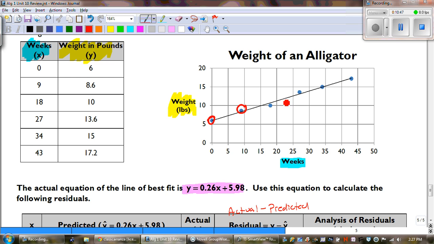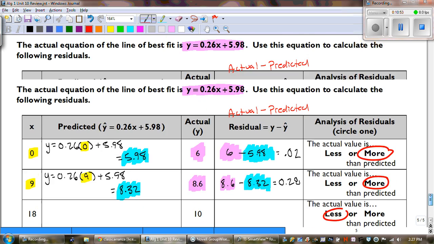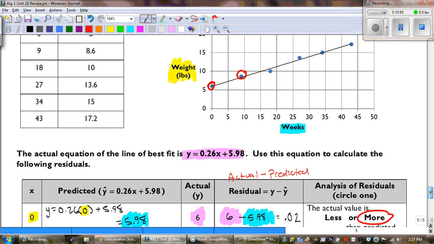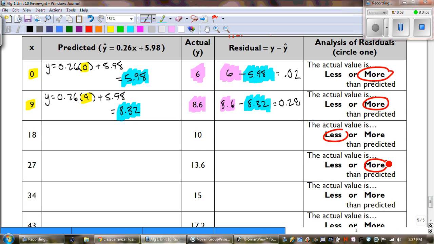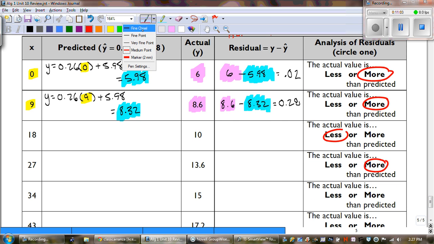Now, looking at these points, you can kind of guess, like this next one should be less. I'm just telling you that by looking at the point. The next one should be more. I'm not sure about the other two, okay? But what you're going to do is you're going to plug in using the equation to each one of those, okay?